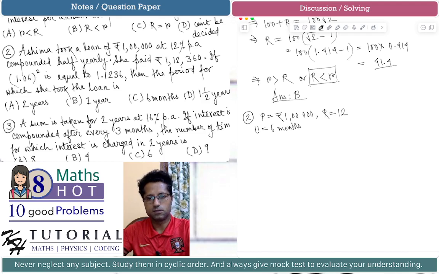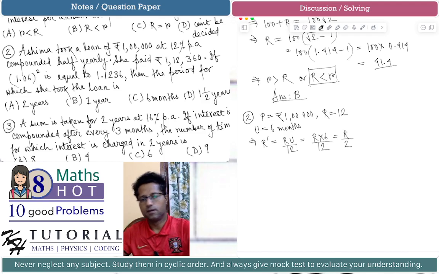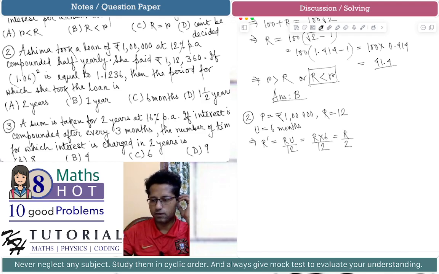So R dash will be equal to RU by 12, which is 6 by 12 times R, so R by 2.